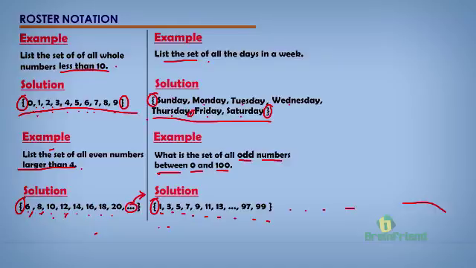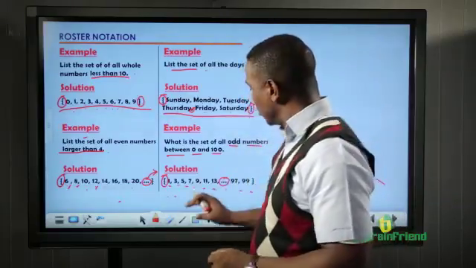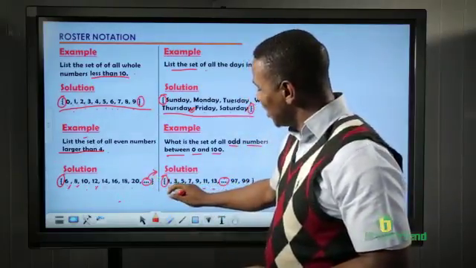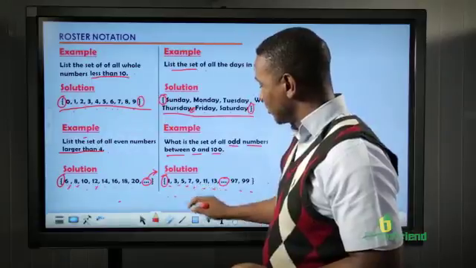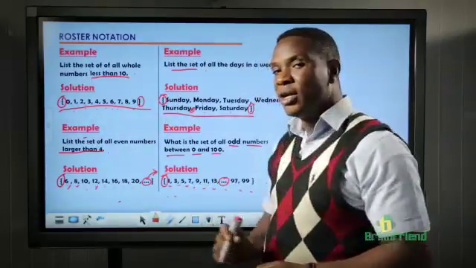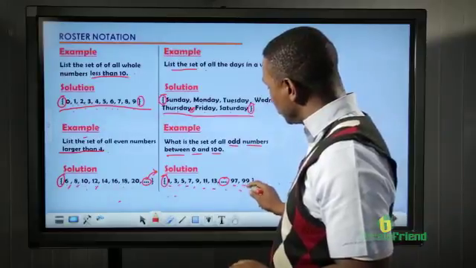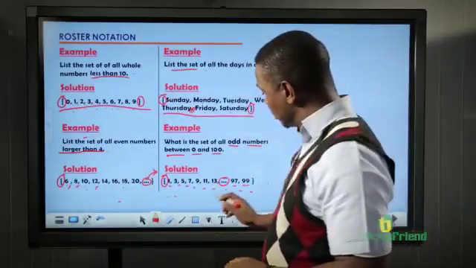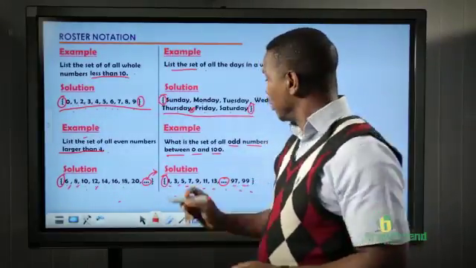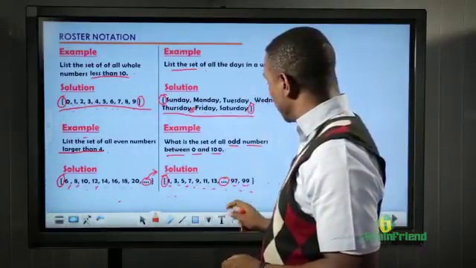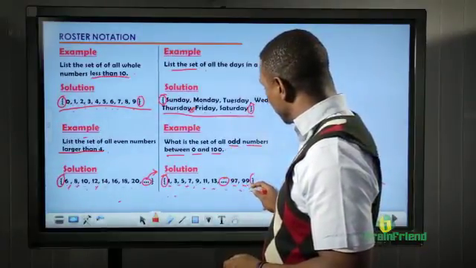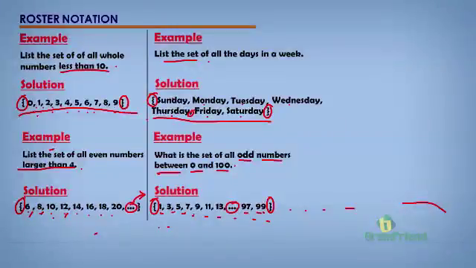But to make it short, we make use of our ellipsis. After we've listed a sample of numbers that clearly indicates a clear pattern, we go on to add our ellipsis and then add a few or just one number, which is the last number of our statement here, and then we'll close our curly brackets.